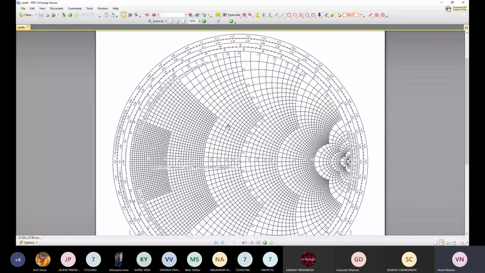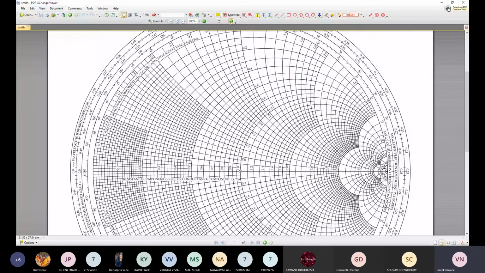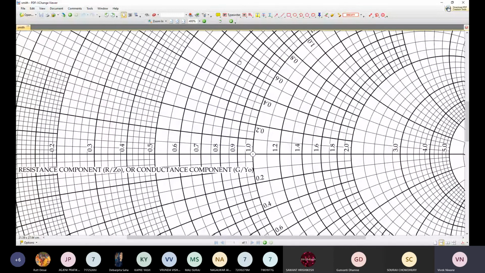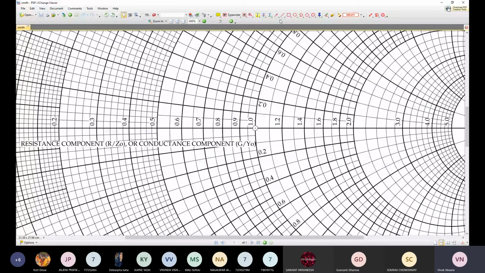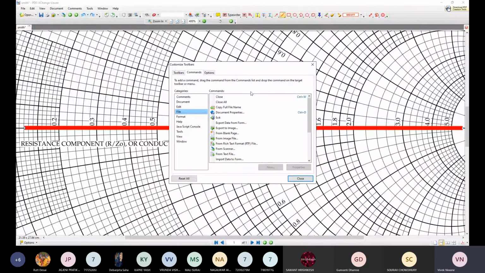So you do have lots of things over here. Okay, now let me show you a few important things. Okay, now can you see a line over here? I am drawing the red line as well. Customize toolbars. No, I don't want to.